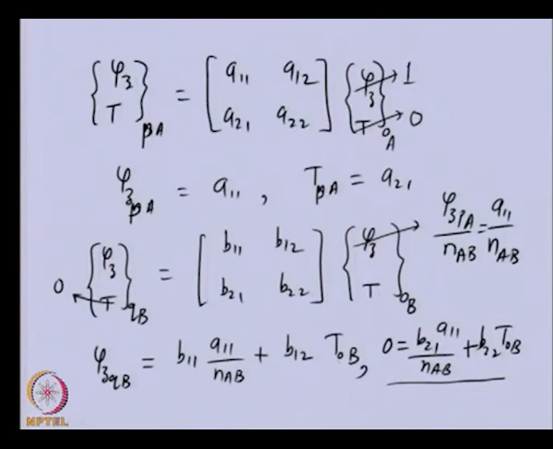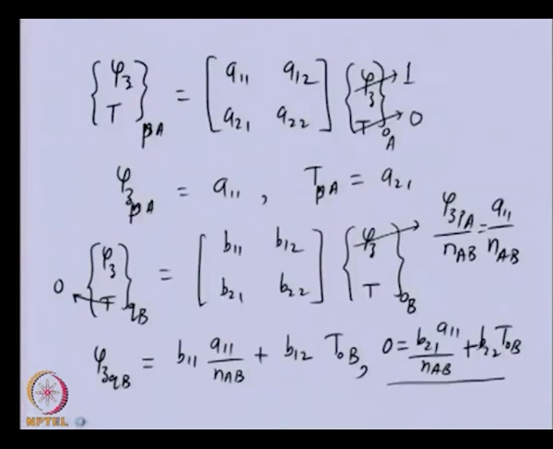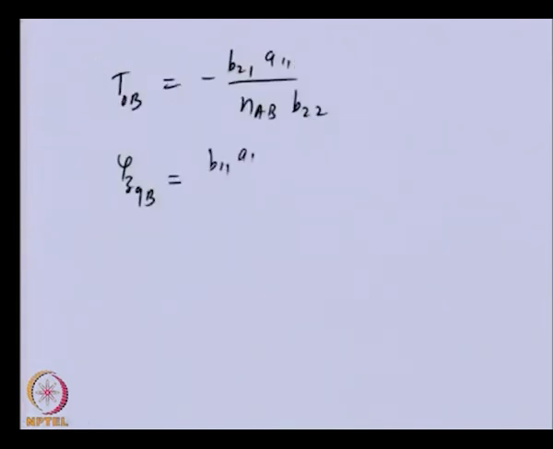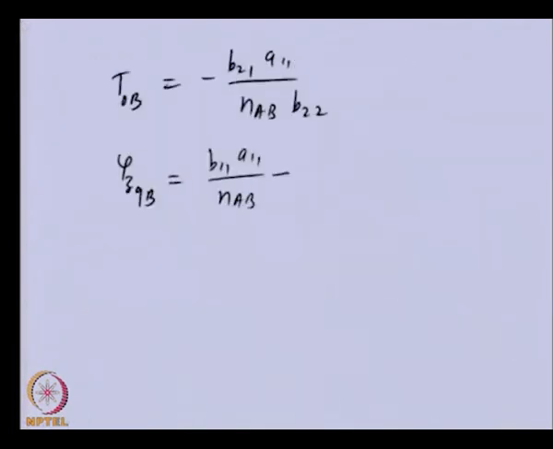So we can get the phi ZQB as B11 A11 divided by NAB, then B12, and this T naught B will give us minus B21 A11 divided by NAB B22.